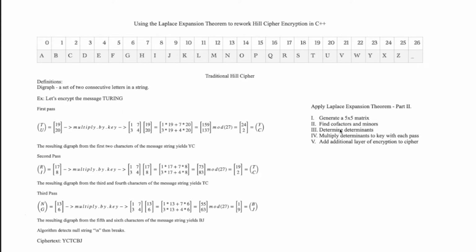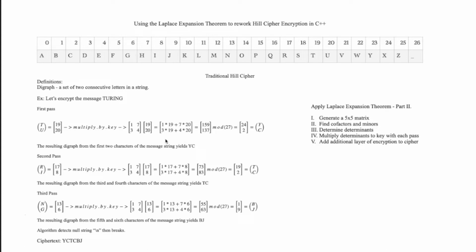So if we have a very large key, you can imagine that it scrambles the characters quite significantly more, right? We'll then find cofactors and minors, and then we'll determine determinants. Then we'll multiply the determinants with the key again to scramble the key with each pass.